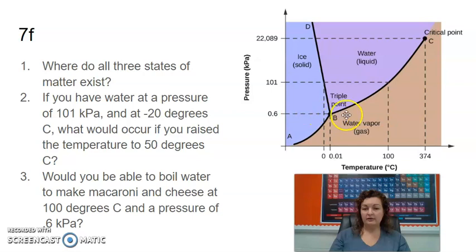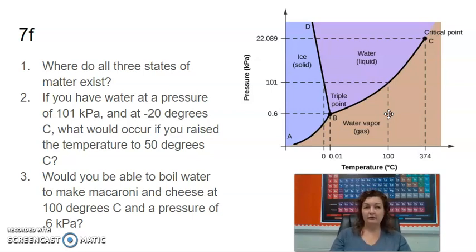I'm going to go straight across until I hit 100 degrees. So I'm about right here, okay? It's asking me, would I be able to boil water to make macaroni and cheese? Well, in order to boil water, I have to be liquid, right? I am now in water vapor, which is a gas phase. So I would not be able to make macaroni at this pressure.